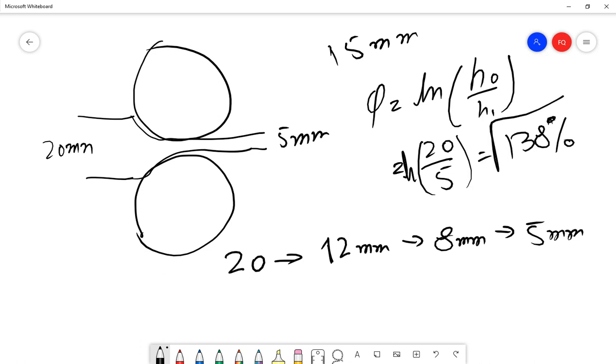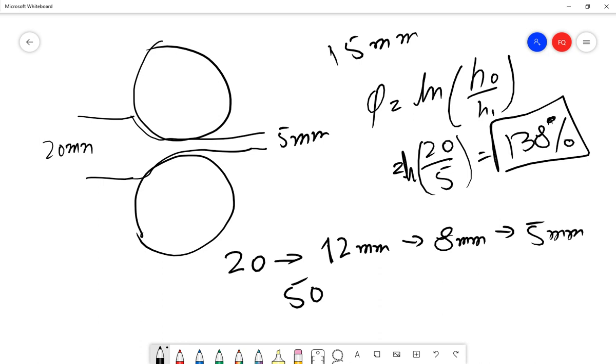it would be 138%, which is quite high. I can do this instead: 20 divided by 12, which is 50%, almost 51%.